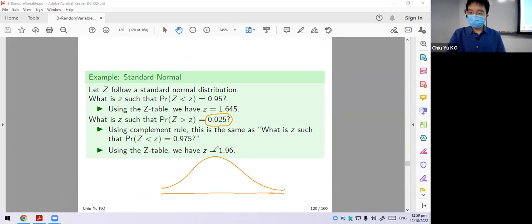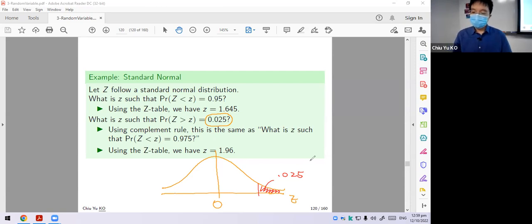It's asking this question: the area to the right is 0.025, so more than what value? And you know it must be a positive number. The reason is that if it were negative, then the area would be very big. So it must be somewhere here, where this area is very small.